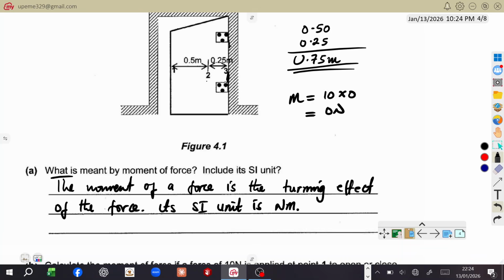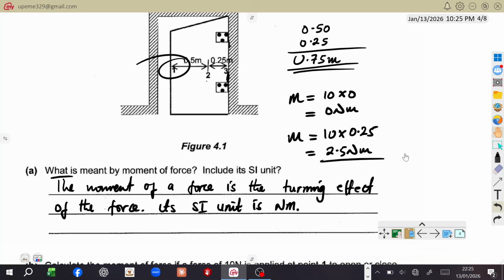Then at 2, the moment is equal to the force, same 10, times 0.25, which is 2.5 Newton meters. So this one is at least bigger than that, but it can't be bigger than what we found at 1.